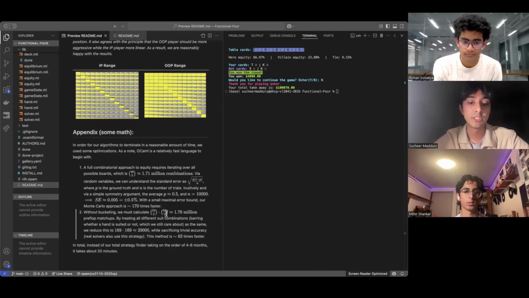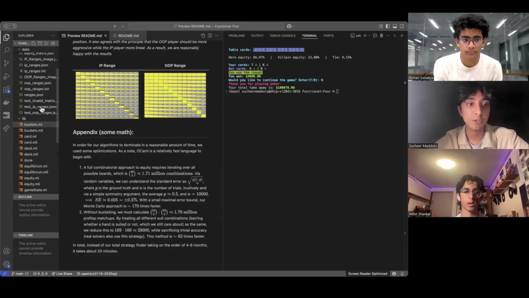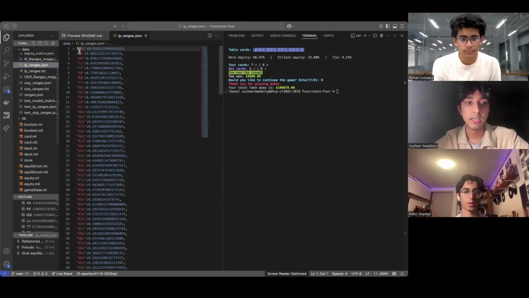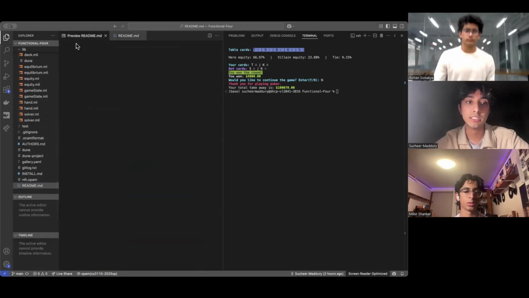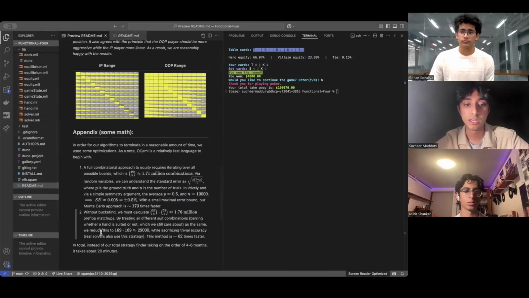The second simplification we use is called bucketing, which basically means if you go back to the ranges here, you'll notice that we have this category of hand called ace-ace. When you're actually dealing out cards, ace-ace is not a single hand. You can have an ace of hearts, ace of spades, ace of diamonds, ace of clubs.